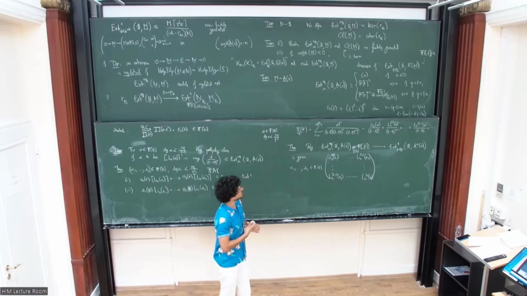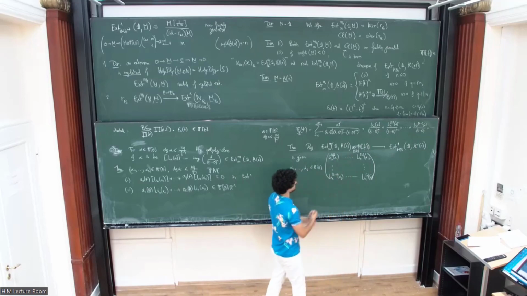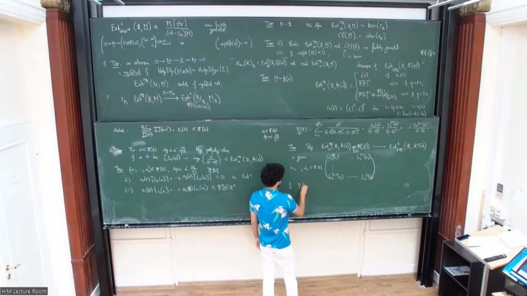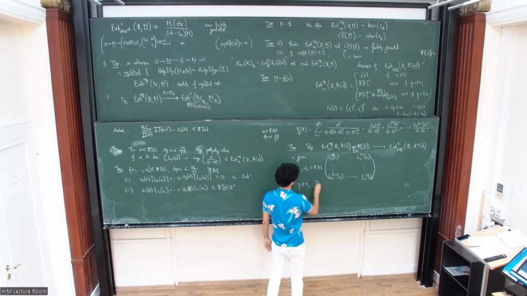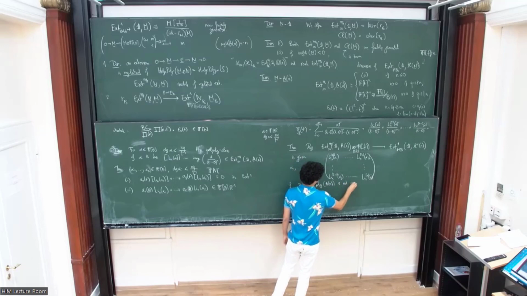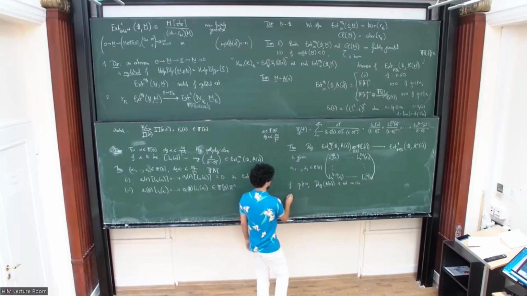But whenever n does not divide p, it seems that there is no relation among the entries of the matrix. So if p divides n, then this is not an isomorphism. Many of the entries are 0.